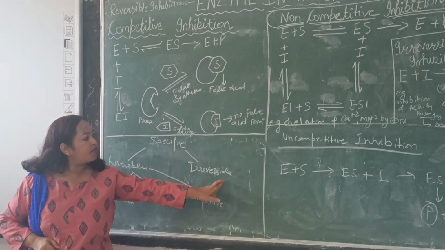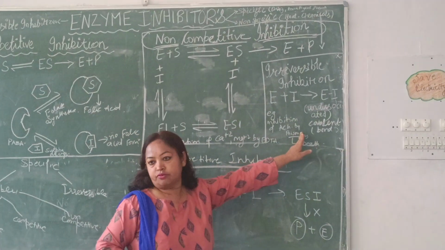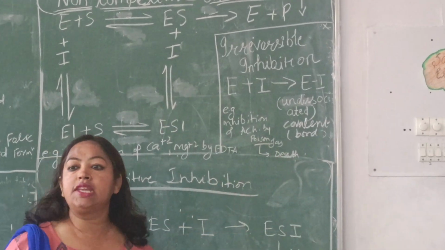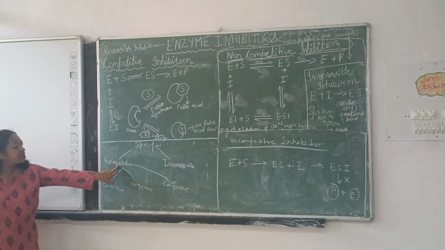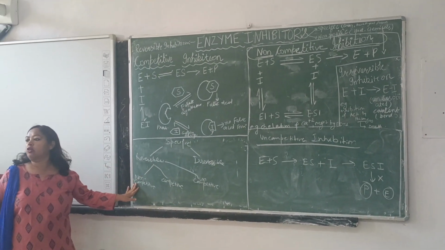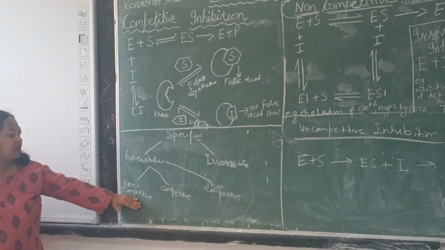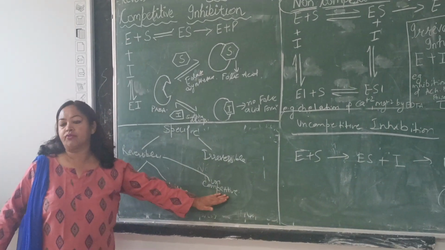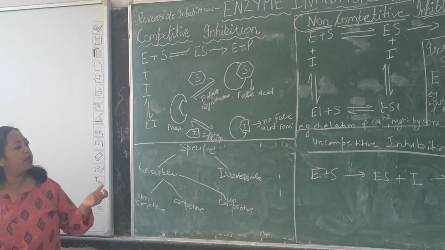But in irreversible inhibition, there is no coming back to the initial stage. We will discuss that later on. So reversible inhibition is further of three types: competitive, non-competitive and uncompetitive inhibition. We will discuss all these one by one.